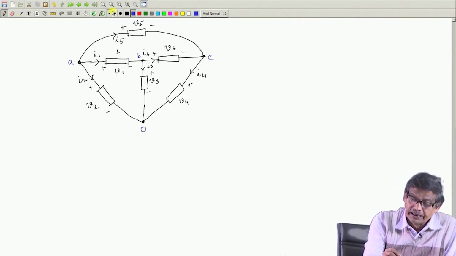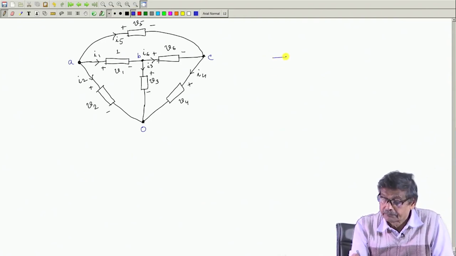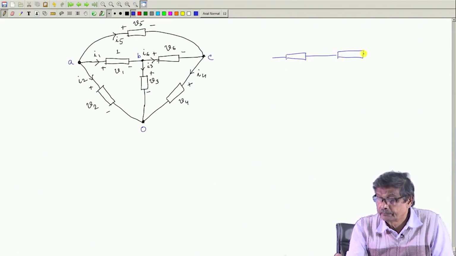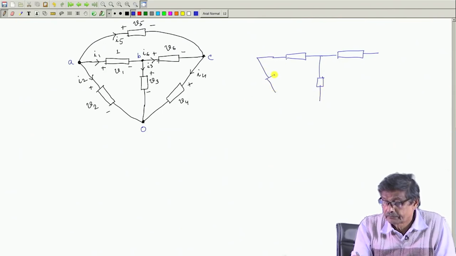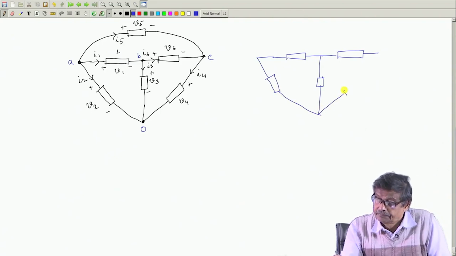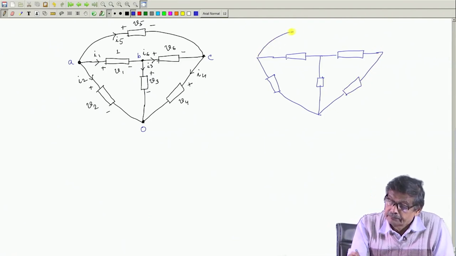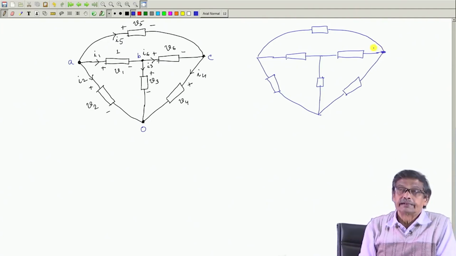Now, I draw a similar network, structurally similar network like this. I have drawn another network.